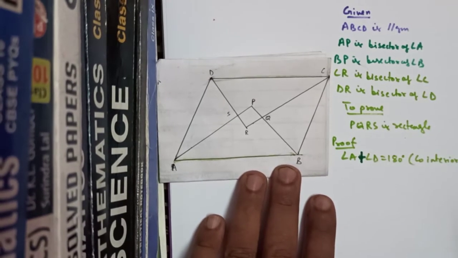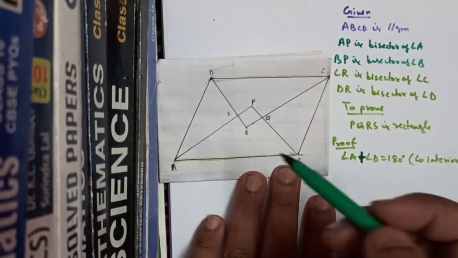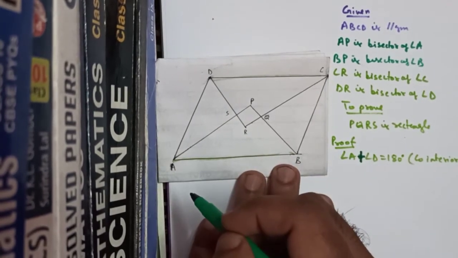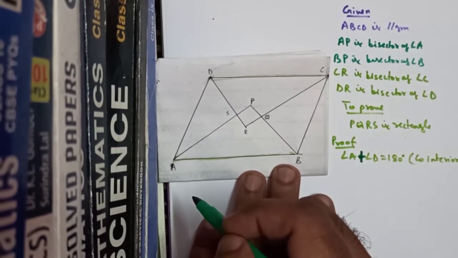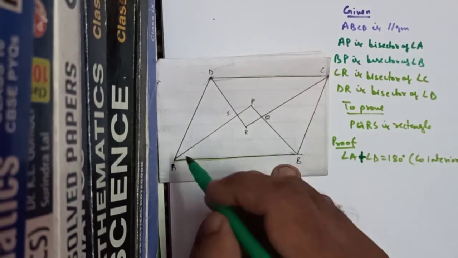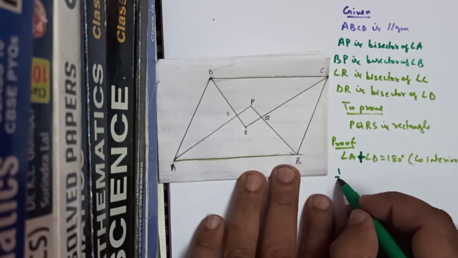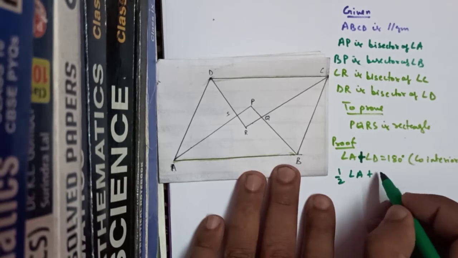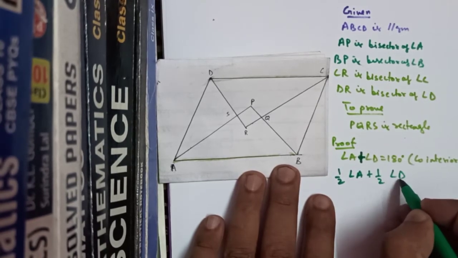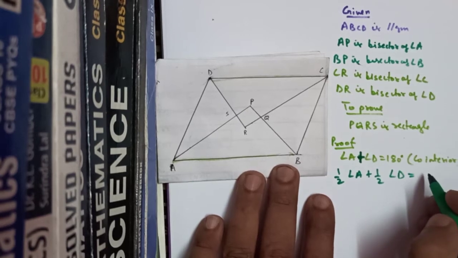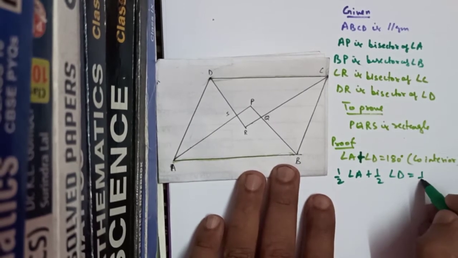Okay, now if this is so, then since AP is the bisector, half of angle A plus half of angle D will be equal to half of 180.